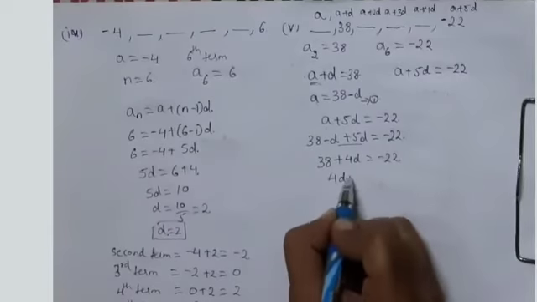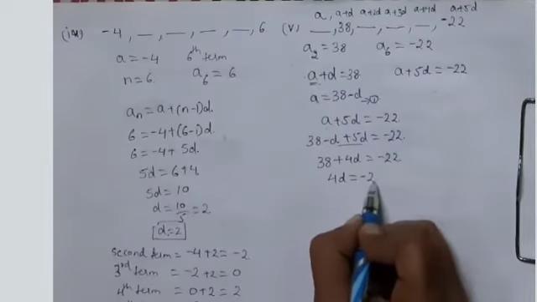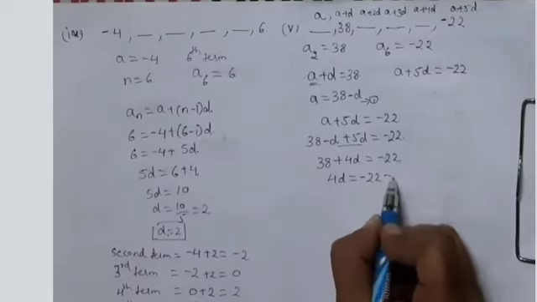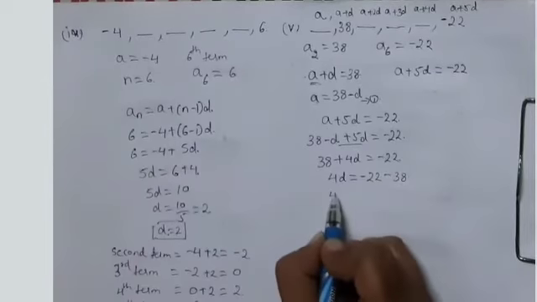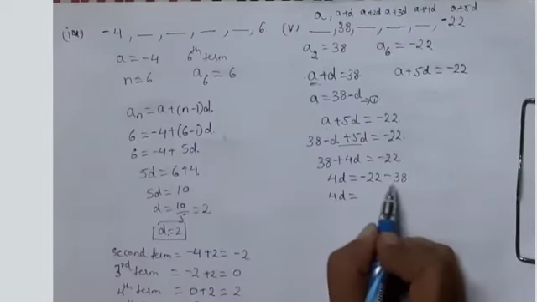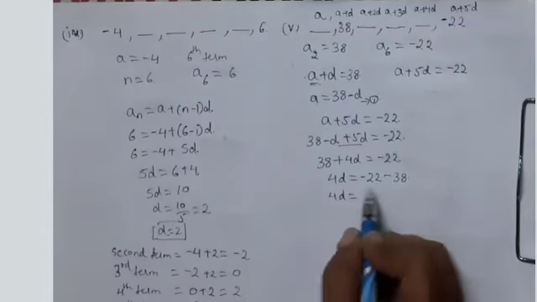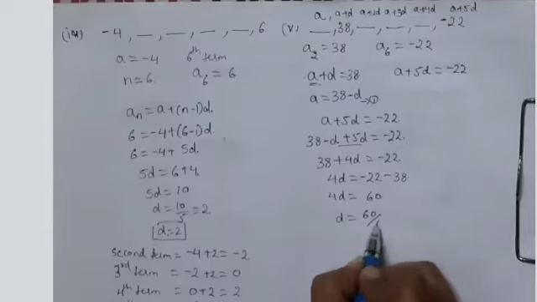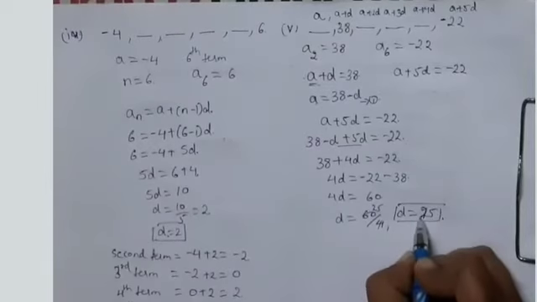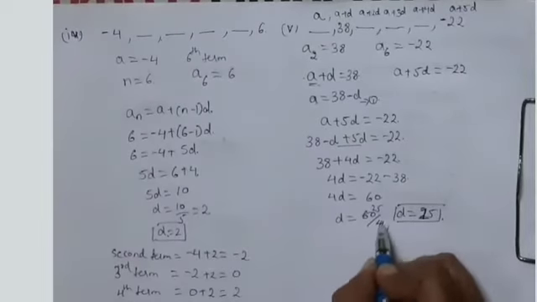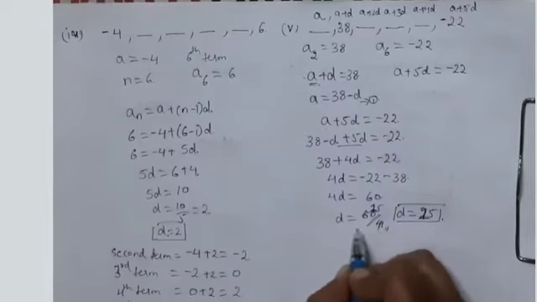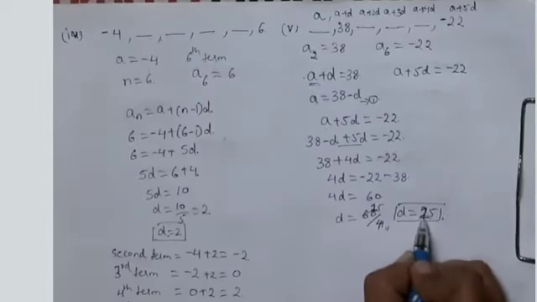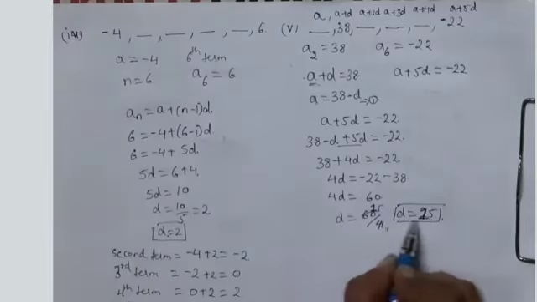Now 4D I will keep as it is. Let me transpose 38 from LHS to RHS, it will be minus 38. 4D will be equal to minus 22 minus 38, which gives you minus 60. So D will be equal to minus 60 divided by 4. So the D value will be minus 15. 4 into 15 gives us 60.